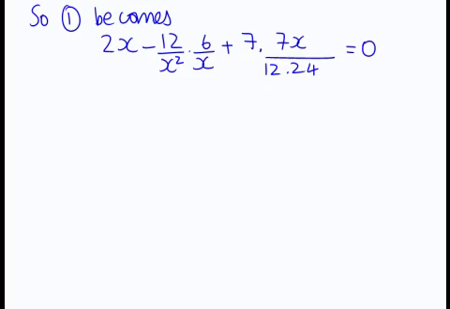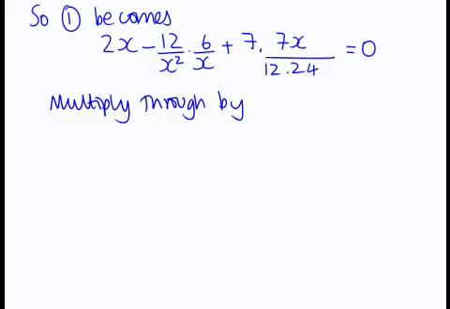And what I'm going to do here is multiply through by 12 times 24 times x cubed. So the first term will be 2 lots of 12, which is 24, times another 24, times an x cubed by an x, which is an x to the 4.